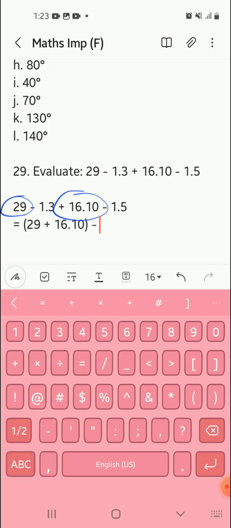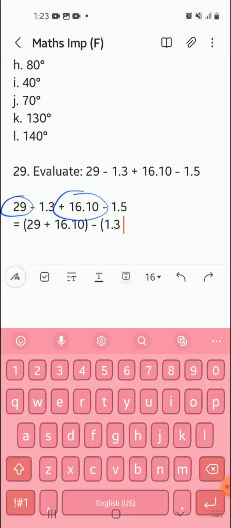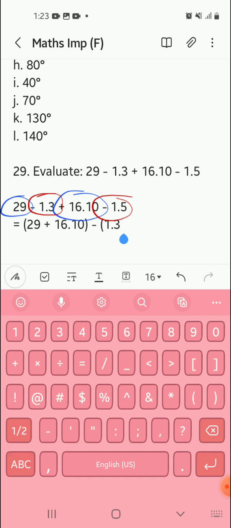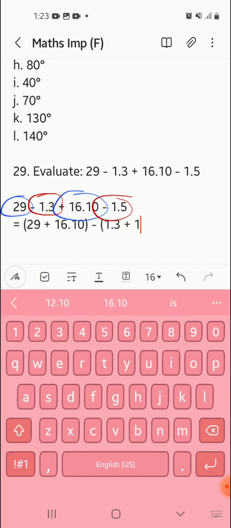So we will subtract this from the rest of the number. So what we will do is check the positive numbers and the negative numbers. We have differentiated both of them. After separating both of them, see, we have got these negative numbers 1.3 and 1.5. So we'll add these two, and then finally we will subtract the total of positive with the total of the negative.